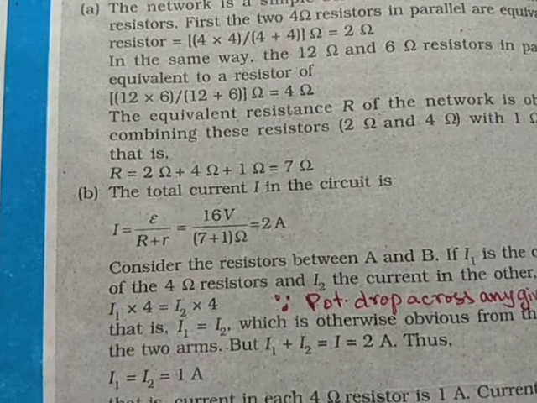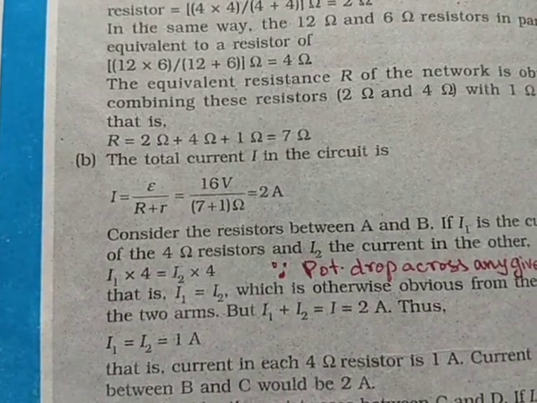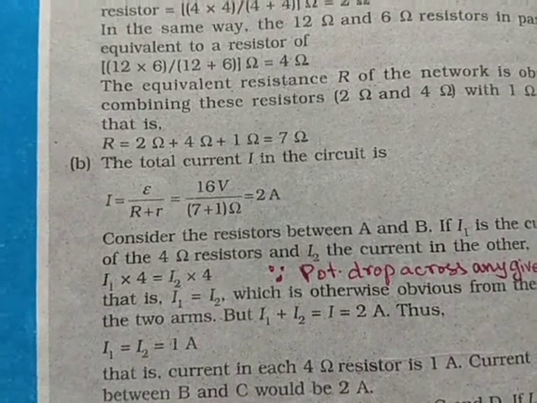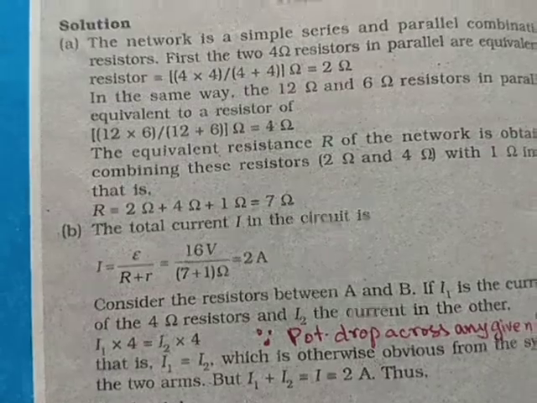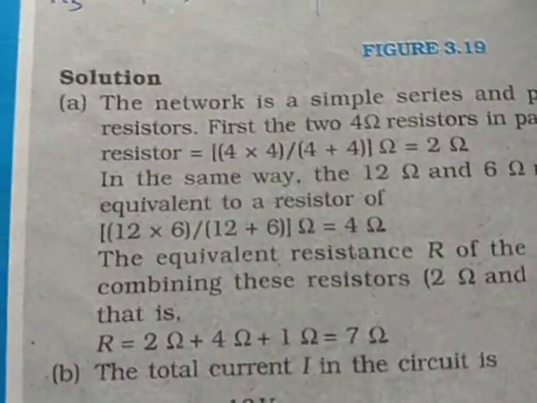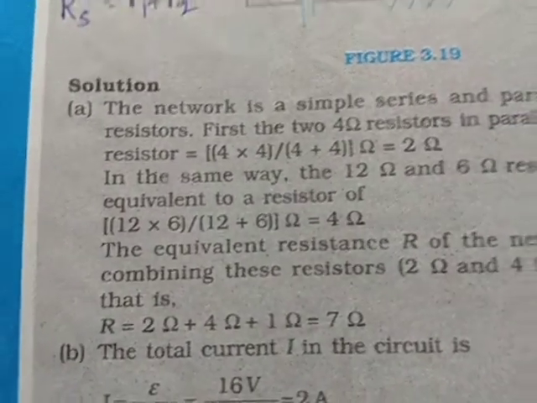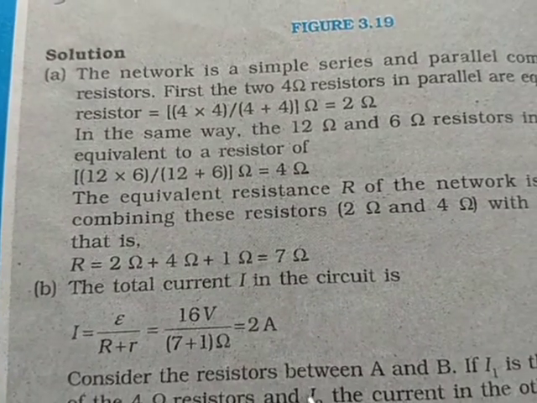Now we have to find the total current drawn from the cell by the circuit. We have the total resistance. This is the total resistance, only 7 ohm, but when we include the internal resistance of 1 ohm it becomes 8 ohm.